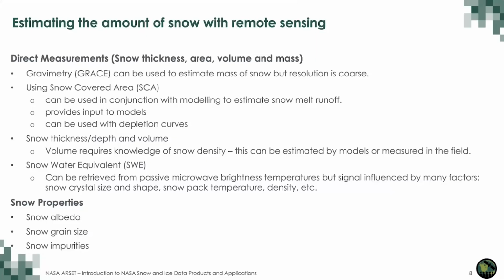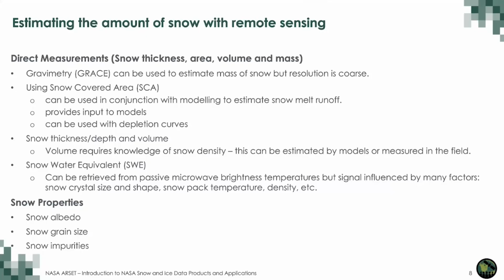And we can also get at snow water equivalent directly, retrieved from passive microwave brightness temperatures. But again, that has some complications. The signal is influenced by many factors: snow crystal size and shape, snowpack temperature, density, and other factors, which means we have to try and model or understand what those influences are in order to extract snow water equivalent.